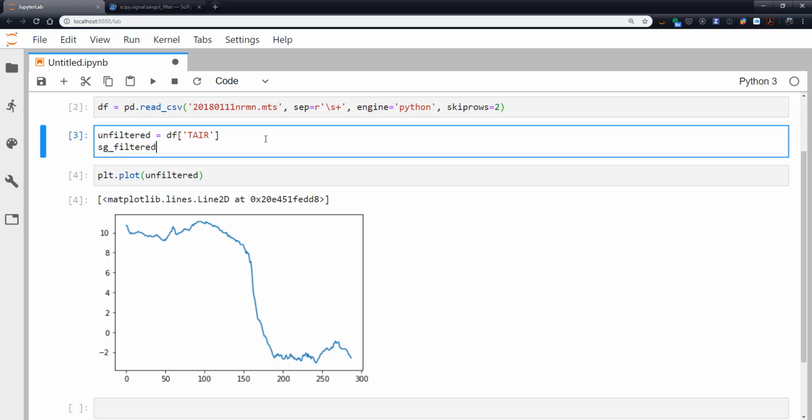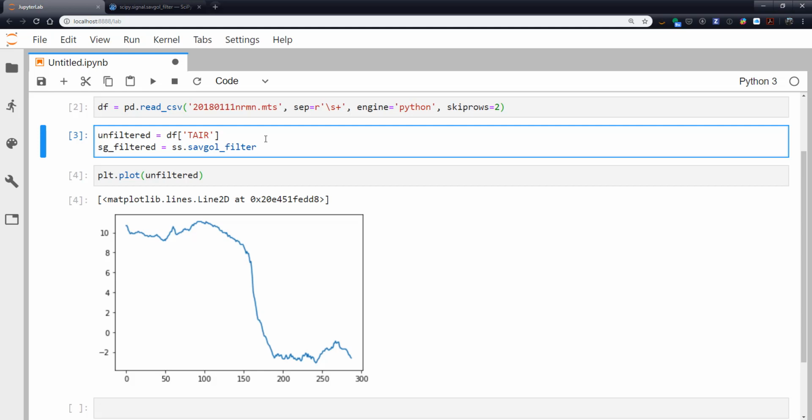So now I'm going to make a Savitzky-Golay filtered version of this. So SS for scipy.signal, savgol_filter is what we want. As the name implies, this was originated by Savitzky and Golay. It is one of the most cited papers in the Journal of Analytical Chemistry.